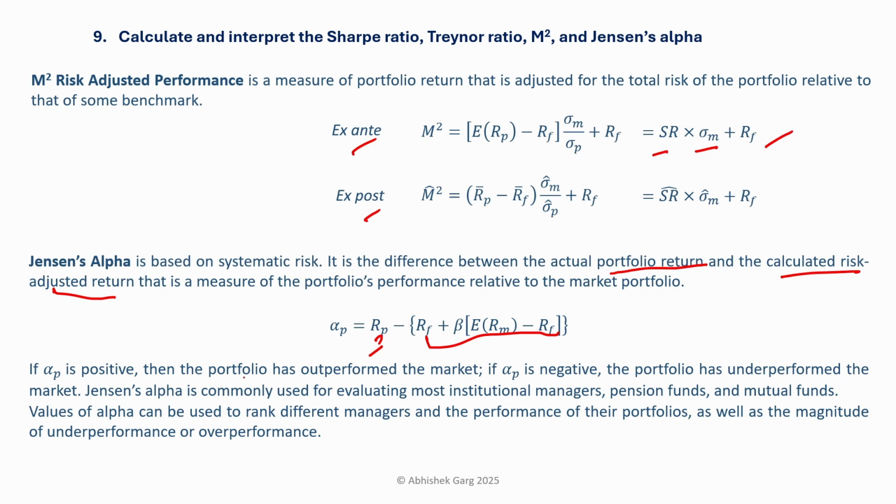If the alpha is positive, then the portfolio has outperformed the market. If alpha is negative, the portfolio has underperformed the market. It's commonly used for evaluating institutional managers, pension funds and mutual funds. Values of alpha can be used to rank different managers and the performance of their portfolios, as well as the magnitude of underperformance or overperformance.